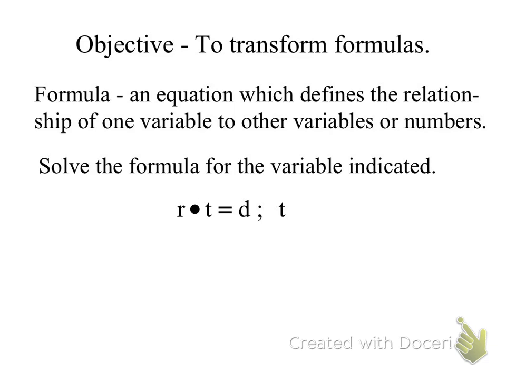So I'm going to divide both sides by what I want to get rid of, not the t. The t stays there. So I'm dividing both sides by what? R. And then we get r's cross cancel, t equals d over r.